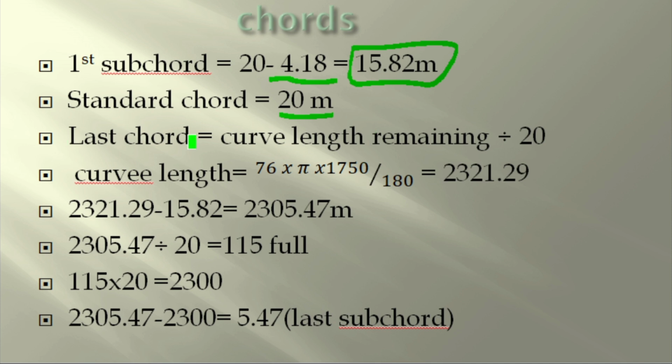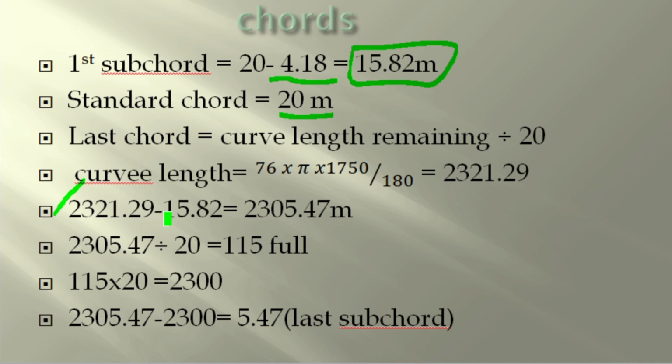And then our last chord is equal to the curve length remaining divided by the number of chains, where one chain equals 20 meters. The curve length here is equal to 76, the deflection angle, multiplied by pi multiplied by R, which we had been given, over 180 degrees. We get a total of 2321.29 meters. This is the curve length.